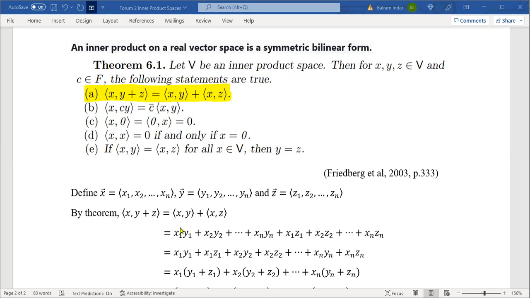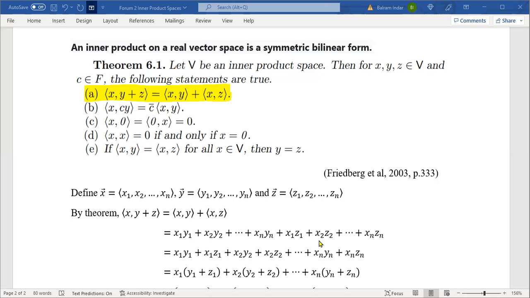We can think of an inner product as a dot product: we multiply the x and y components and keep adding up the results. So for the inner product of x and y, we have x sub 1 y sub 1 plus x sub 2 y sub 2, and so on. And then we still have to add the other inner product of x and z.